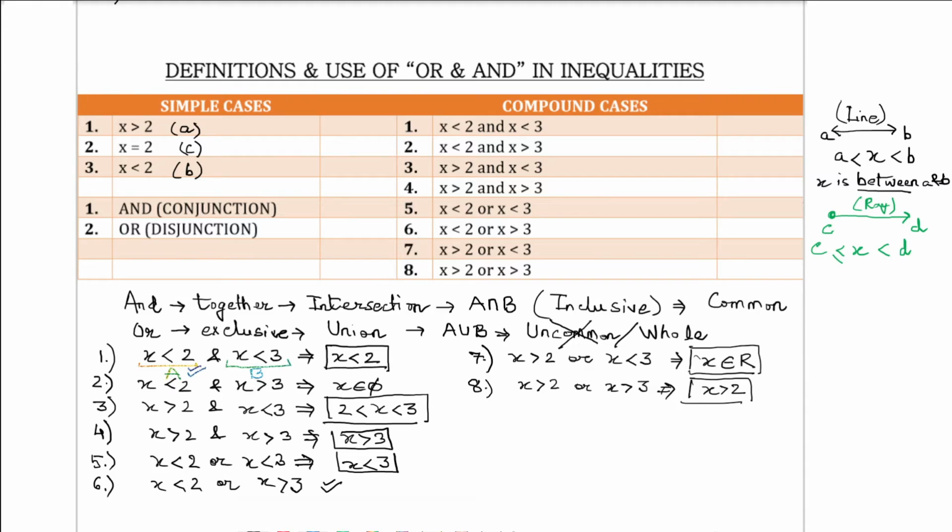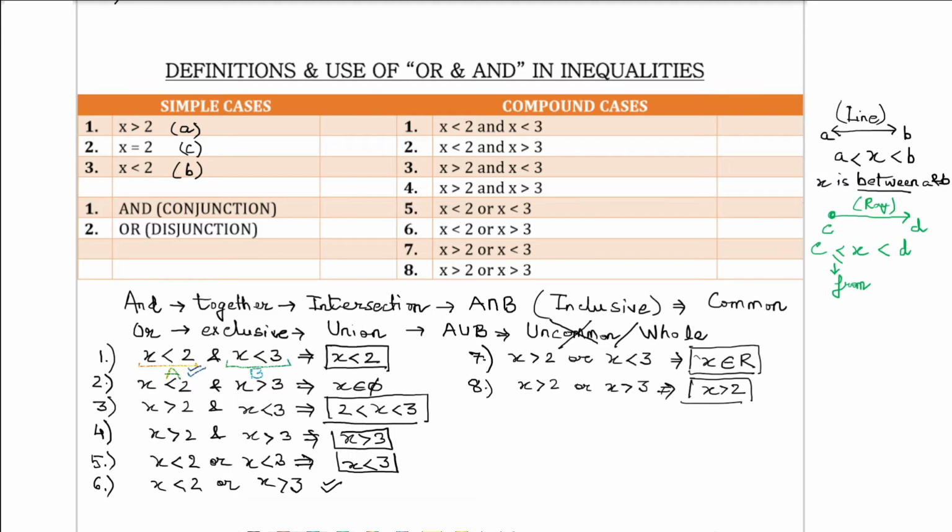The same we did for a ray, wherein when I say greater than or equal to, the connotation here is from C to D, but excluding D. Please remember this.